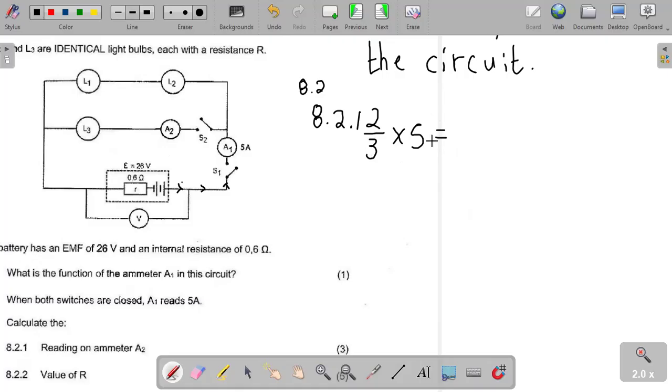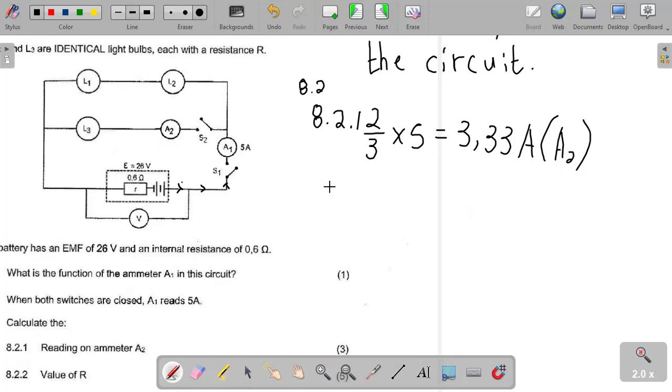So we multiply here, we get 3.33 amperes. So this is the reading on A2.